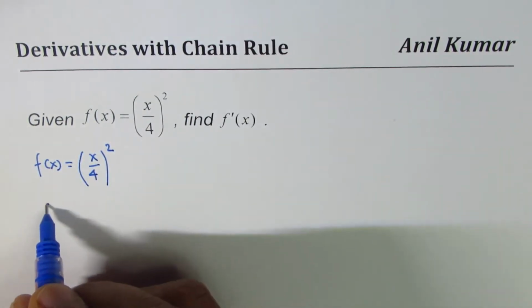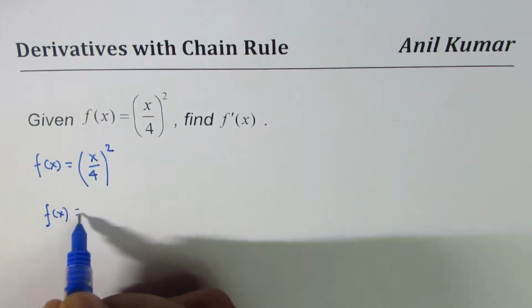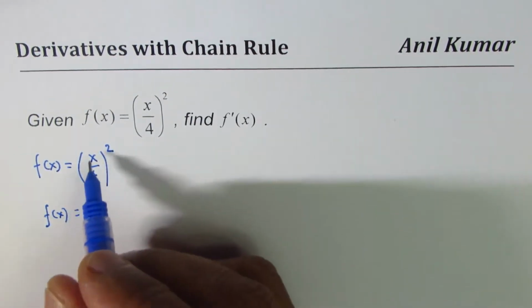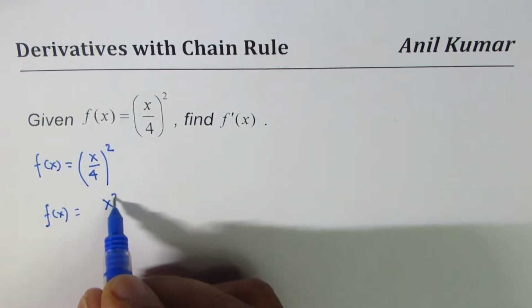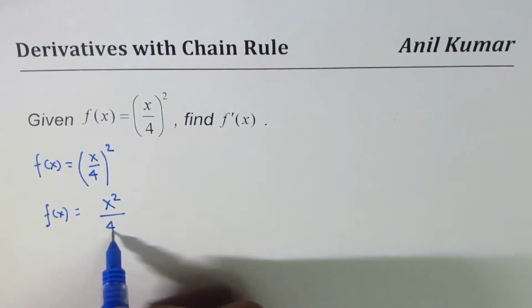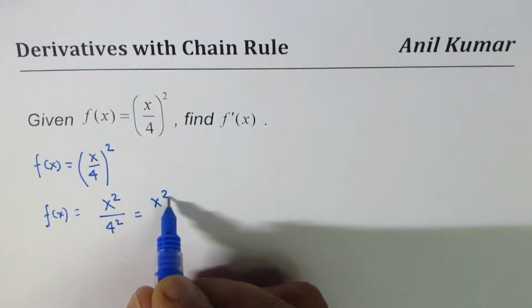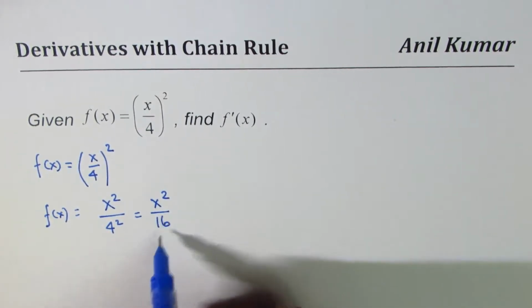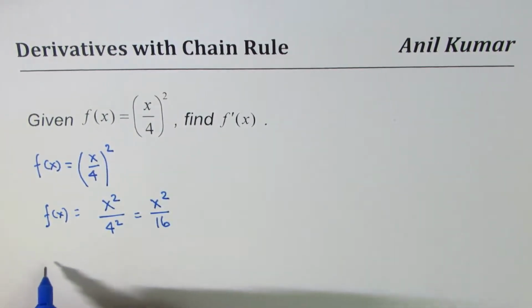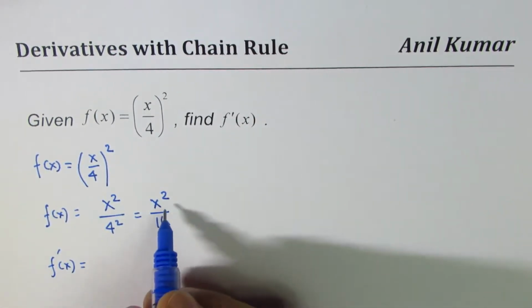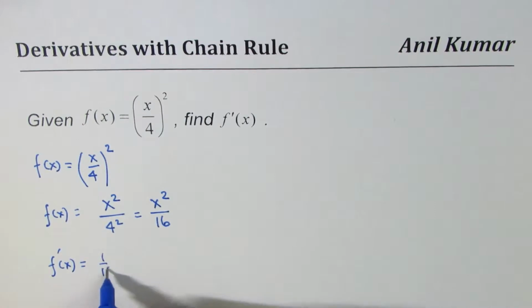One method is, we can just open this bracket, that means square them up, so we get x squared over 4 squared, which is 16. Which is x squared over 16. Now 16 is a constant, so the derivative f dash x will be equal to 1 over 16 times 2x, applying the power rule.